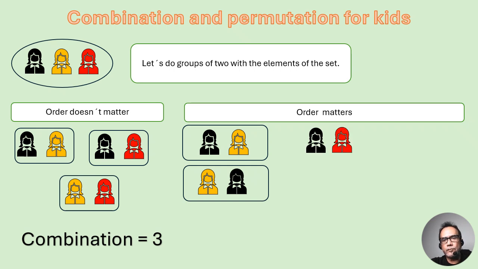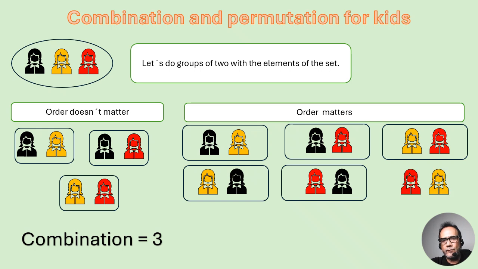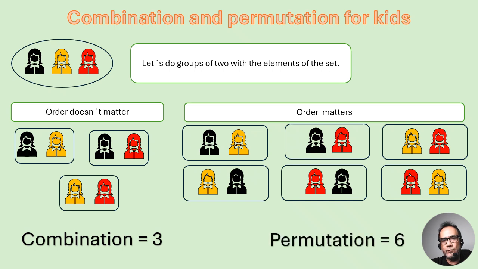We can do another group with the black and the red, and another one with the red and the black. We can do another one with the yellow and the red. And finally, we can do another group with the red and the yellow. The number of groups formed when the order matters has to do with the permutation. So the permutation in this case is equal to 6.